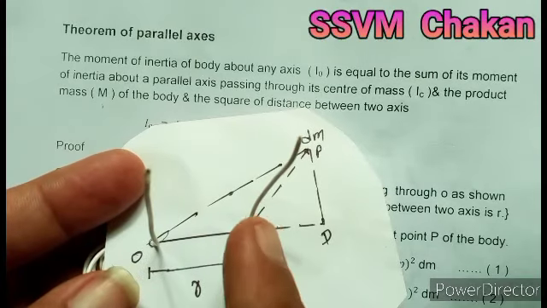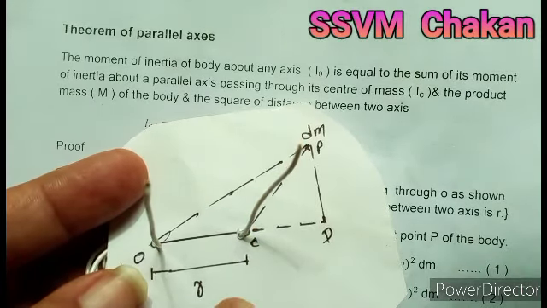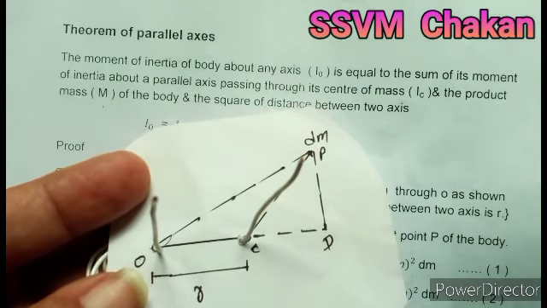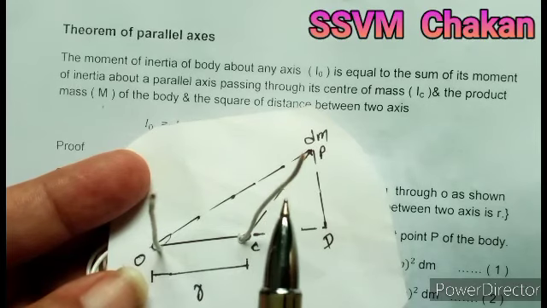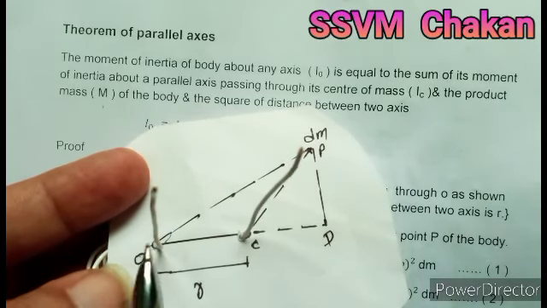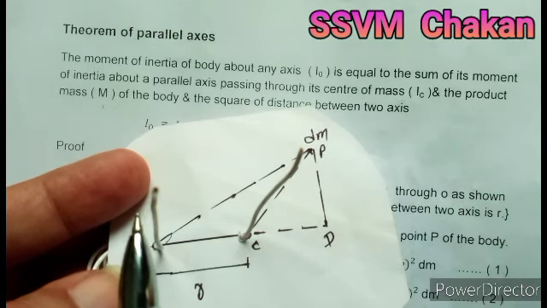So these are the two axes. This axis passes through the center of mass of the body. So moment of inertia about this axis is IC, and now we calculate the moment of inertia about this axis which passes through the point O, and it is known as I0.